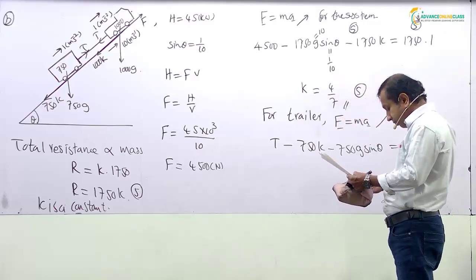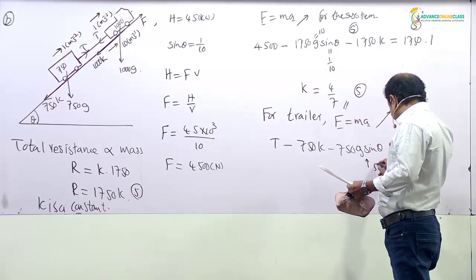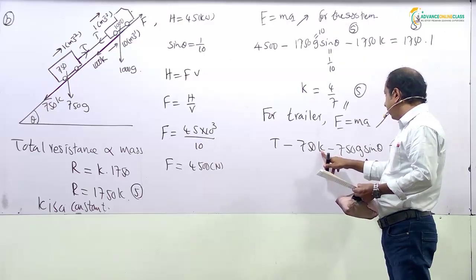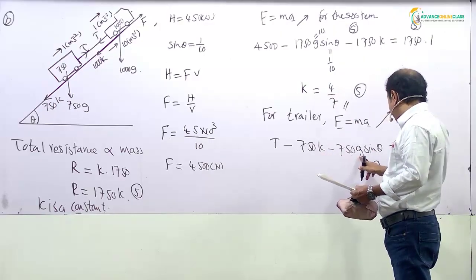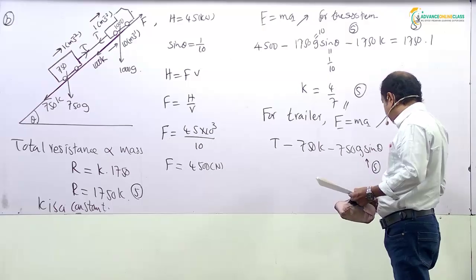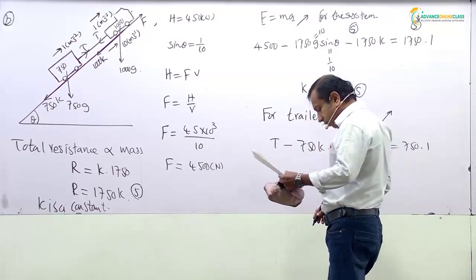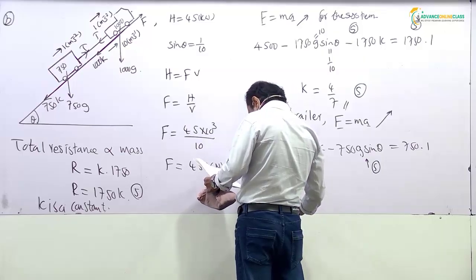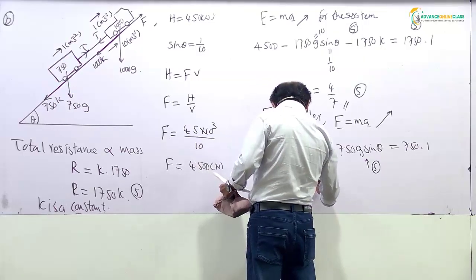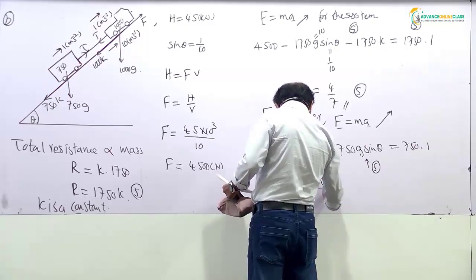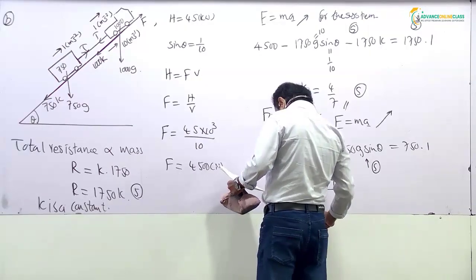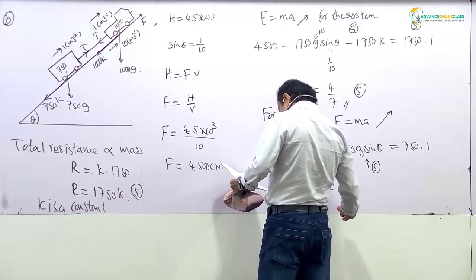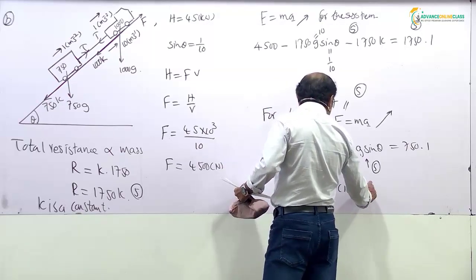For this we get 5 marks. Here also substitute for K 4 by 7, g 10, sine theta 1 over 10. Then find T. T comes as 1500 into 9 divided by 7 newtons. For this you get 5 marks.